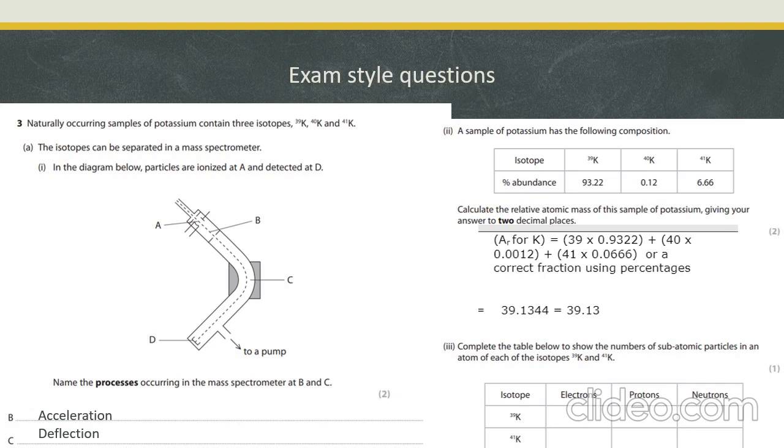Potassium is in group 1. It has an atomic number of 19. So 19 electrons, 19 protons, and over here it's 19 electrons, 19 protons. So neutrons is the mass number 39 minus 19, which is 20, and over here it's 22. So 19, 19, 20, 19, 19, 22.